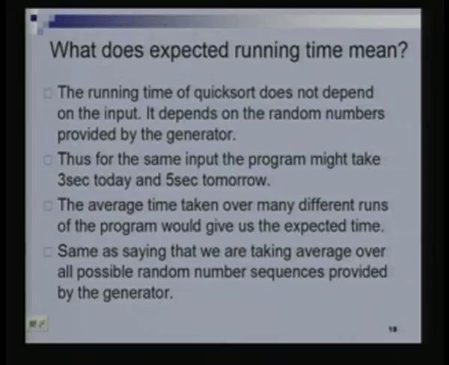We are doing this for one fixed input, and if I fix an input and compute this value, it turns out to be n log n. Nowhere did we use what the input was, come to think of it. No matter what the input is, your expected time is turning out to be n log n.